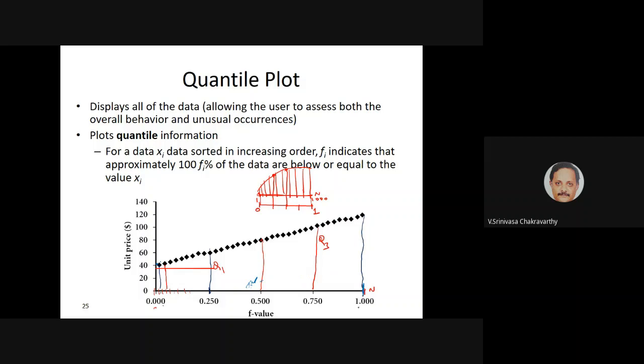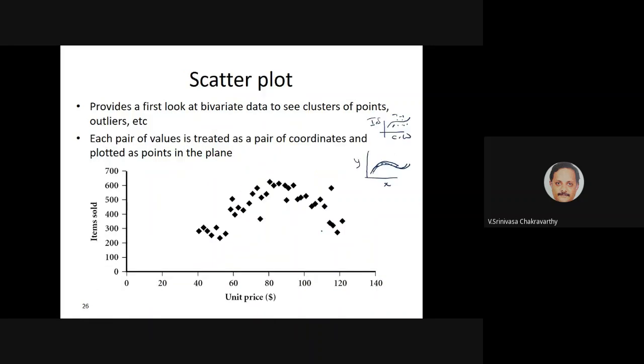I'll call this 1 on the x-axis, and the first value I'll call 0. So on this interval between 0 and 1, I plot all the data points in ascending order. Then the value at 0.25 will be Q1, the value at 0.5 is the median, and the value at 0.75 is Q3. So this is called a quantile plot. It's basically a percentile plot of the data.